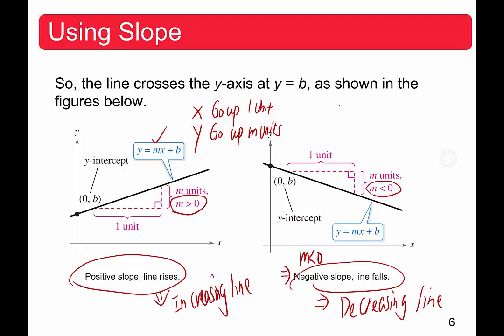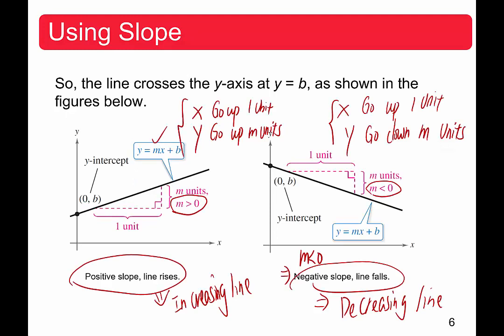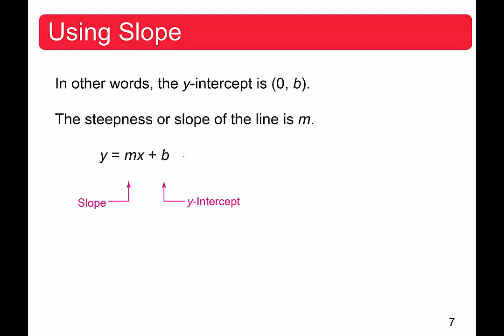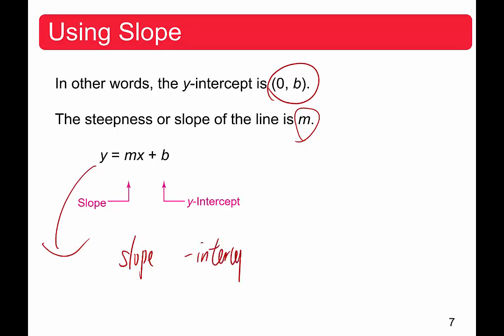So anytime the x value goes up by 1 unit, then the y value will go down m units. So they move in the opposite direction when the slope is negative. So the y-intercept is (0, b), and the slope is m. That's how we break down the slope-intercept form. We call this the slope-intercept form of a linear equation.